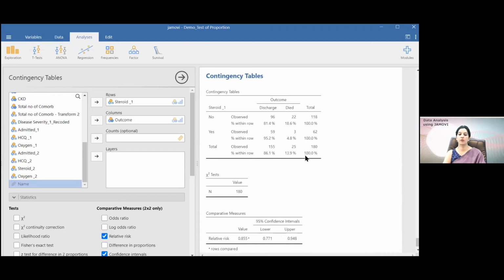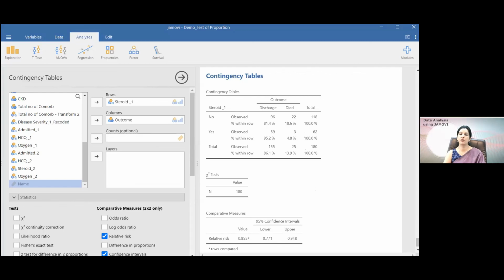And you can calculate also with this 2 by 2 table, this relative risk and odds ratio. So the risk of death in case of person who is not taking steroid will be 22 divided by 118. And the risk of death in people who are taking steroid will be 3 by 62. So if you calculate this, it will come.